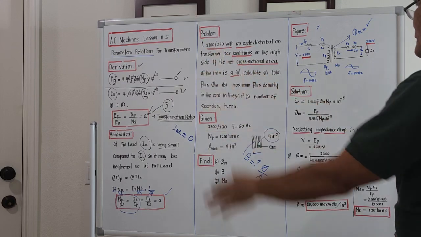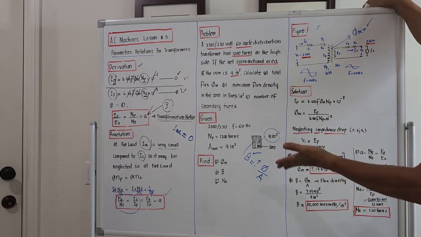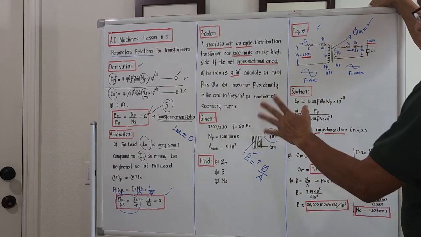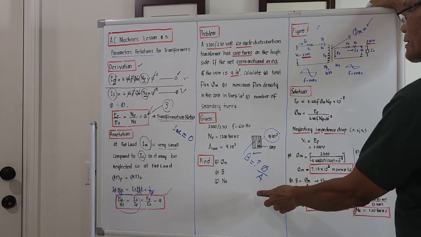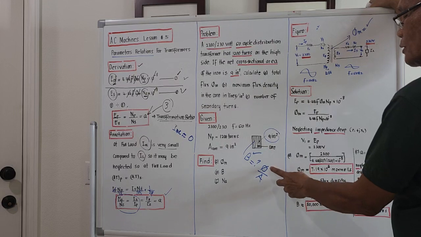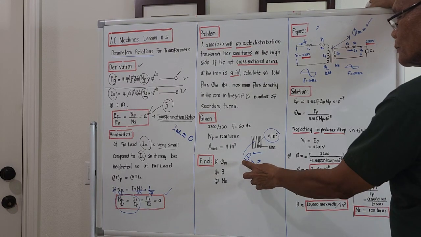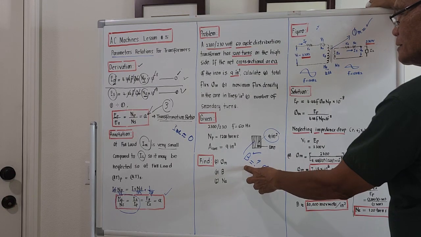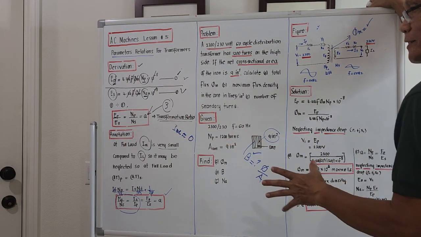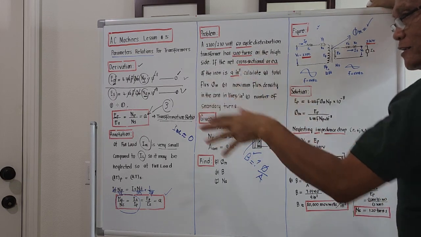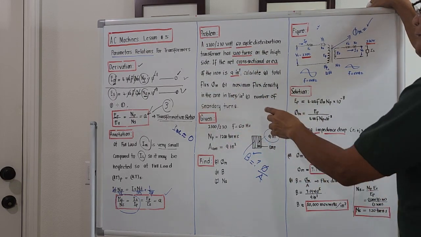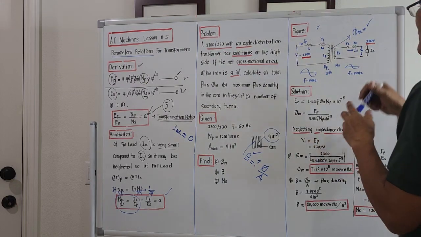The maximum flux density. It's an easy one. By definition, flux density is flux per unit area. So once we compute the flux, we divide it by 9 square inches and we get the flux density. Just algebra, with some unknowns in an equation. What's next? The number of turns on the secondary.